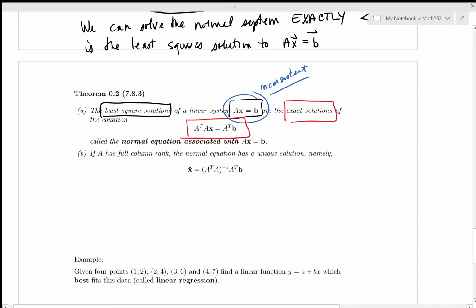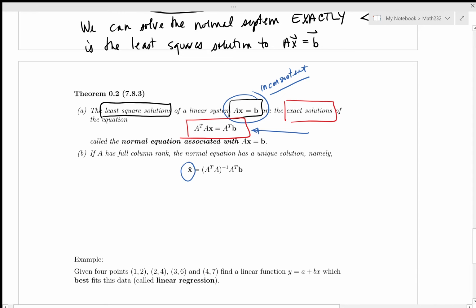And then what we want to do is get a least squares solution. To do that, we simply solve this system exactly. And if A has full column rank, then A transpose A has an inverse, and we can simply write the least squares solution we're looking for on the left-hand side.